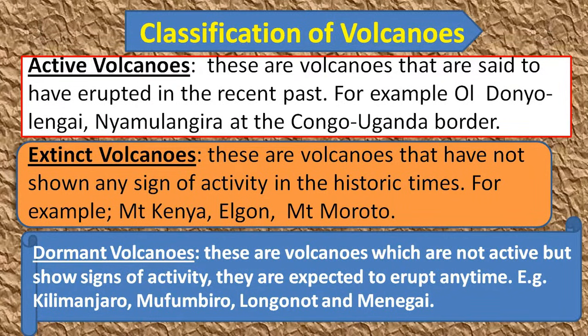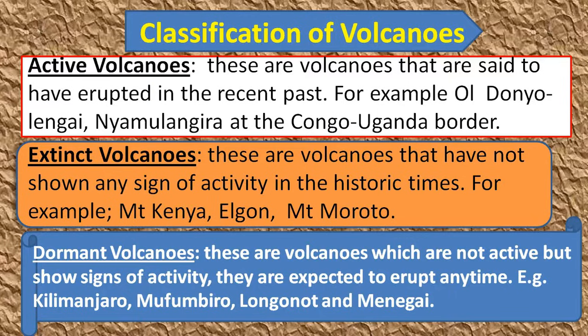So we are saying active, these are volcanoes that are said to have erupted in the recent past. Some time back, they did erupt. Then extinct volcanoes, these are volcanoes that have not shown any sign of activity in the historical times. So they've been there, but they've not shown us any sign.